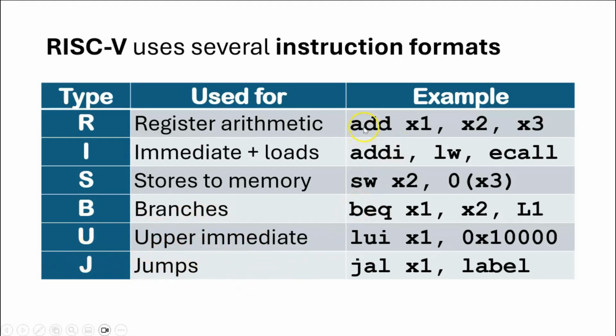And here are some examples. For R, we have ADD x1, x2, x3. For immediate, we have ADDI, LW, ECALL, and so on. So this is for store, SW, the branch here, the upper immediate U-type instruction, and the J-type for jumps.